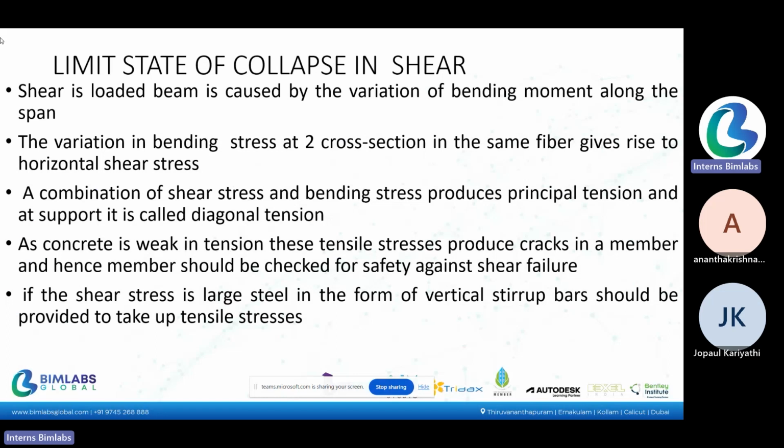When the shear stress is large, steel in the form of vertical stirrups should be provided. So for resisting shear we provide stirrups to take the tensile stress.